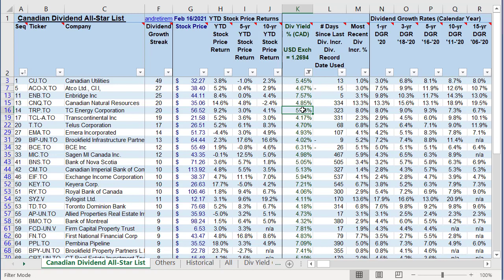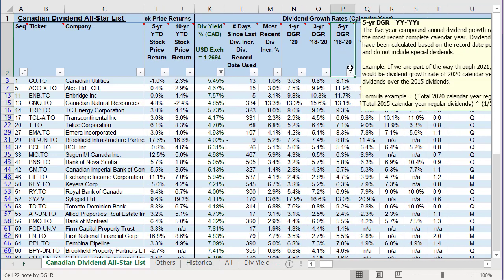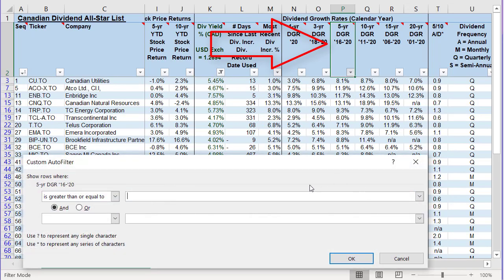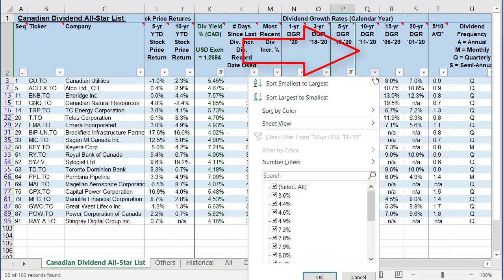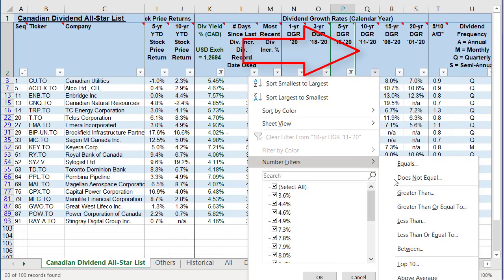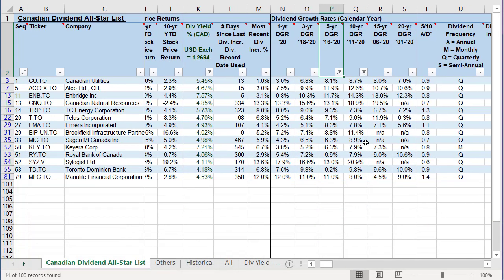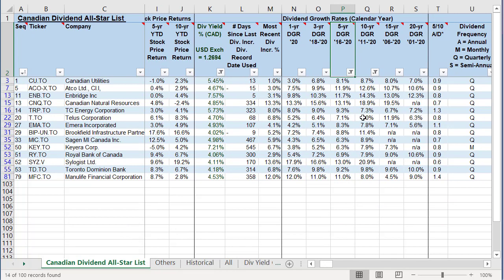The next one, we wanted the 5-year dividend growth rate to be greater than or equal to 6%. And we wanted the same for the 10-year dividend growth rate. So you can see that our list of roughly 100 stocks is already narrowing down quite a bit.